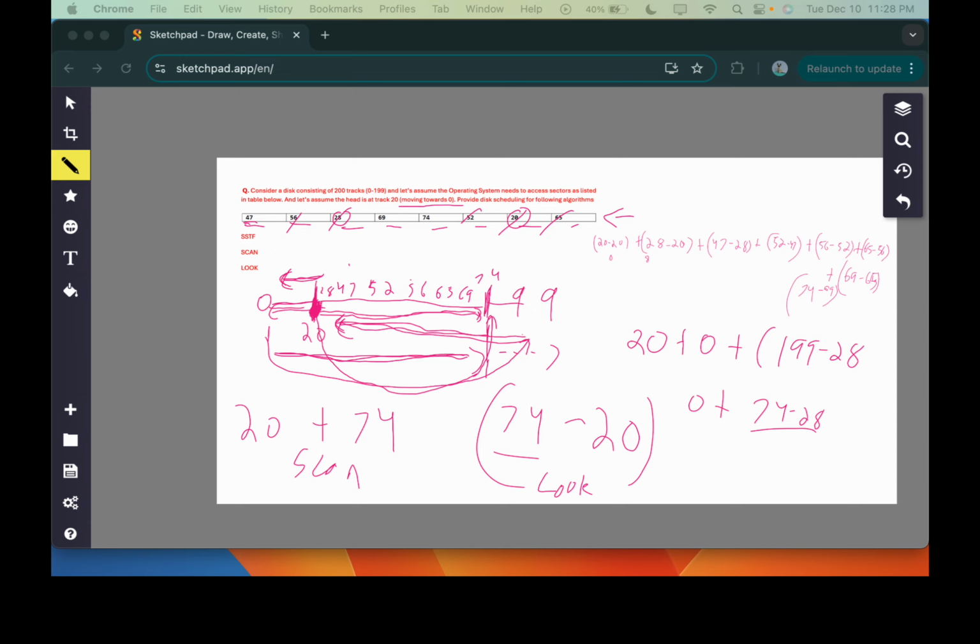Wait, so just to confirm, for C-SCAN and C-LOOK, when you're jumping from like 0 to 199, back to the start, we don't include the jump in the head movements, right? Exactly. Don't count the jump. Okay. The jump is always going to be 0. Okay, thanks. Think of it like a record player.